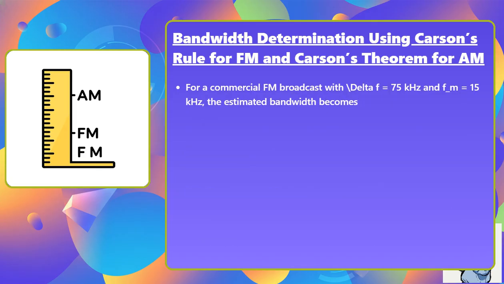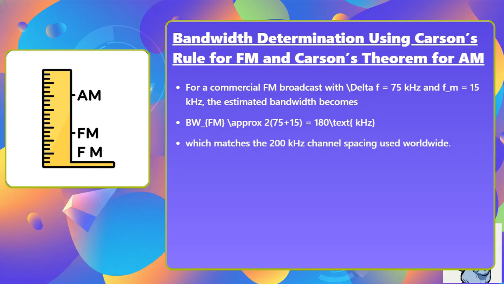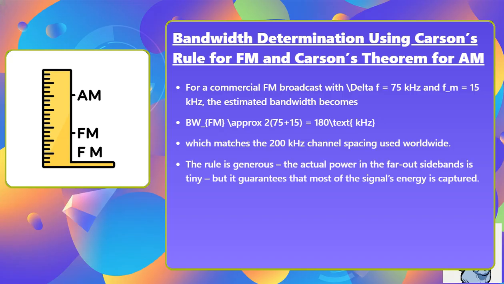For a commercial FM broadcast with Δf = 75 kHz and f_m = 15 kHz, the estimated bandwidth becomes BW_FM ≈ 2(75 + 15) = 180 kHz, which matches the 200 kHz channel spacing used worldwide.